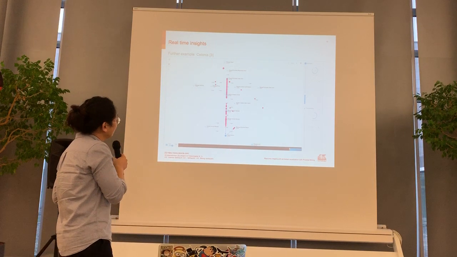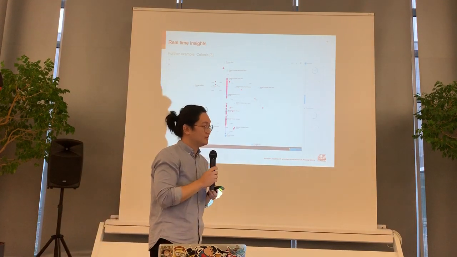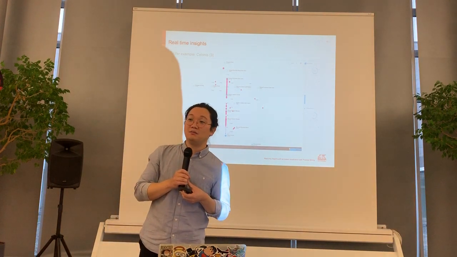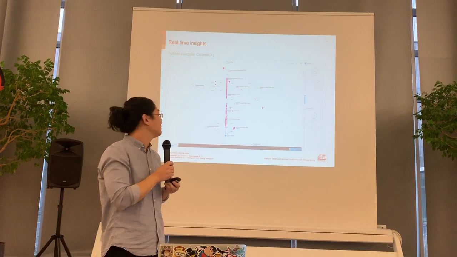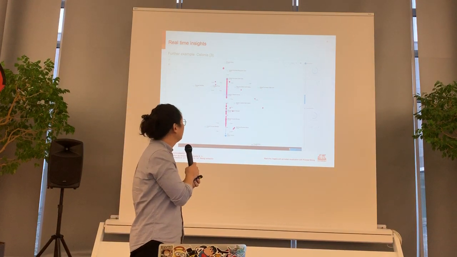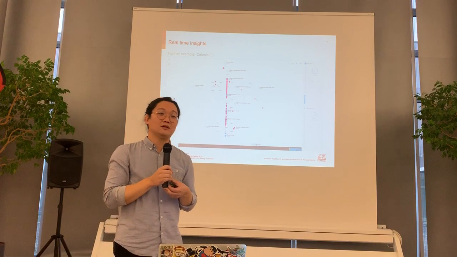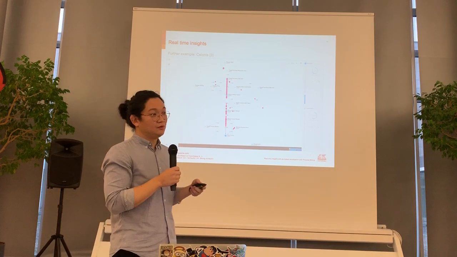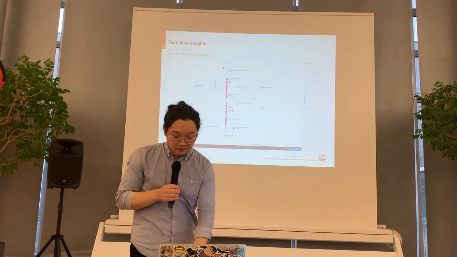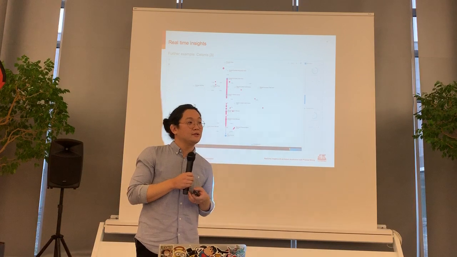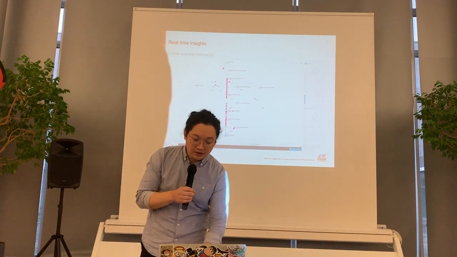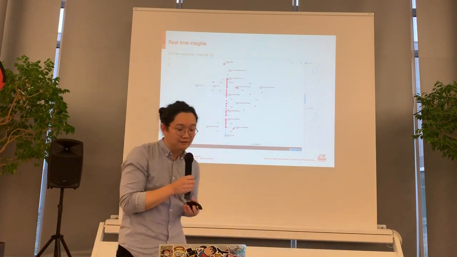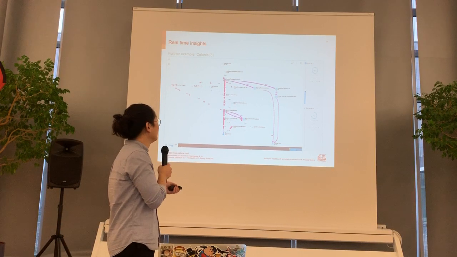This is my last example. When you analyze process data, it's very common that you have a lot of variation in your models, meaning you do not want to present every possible variation of your process at once, because then the user wouldn't understand anything. But first, you try to build an overall model which represents the majority of your process data, and then let the user select how many variations he or she wants to see.